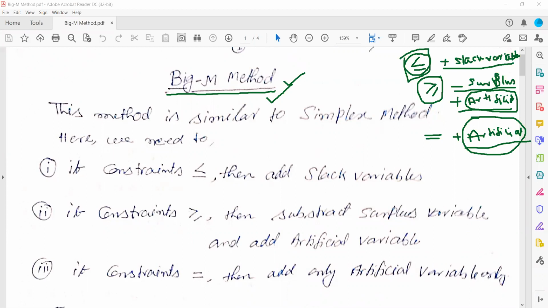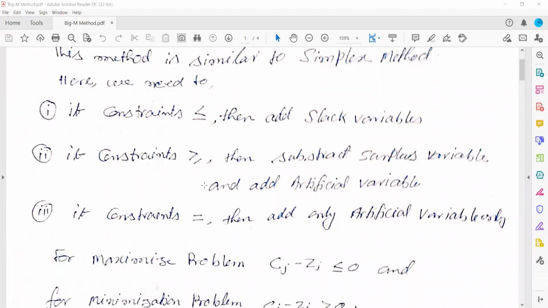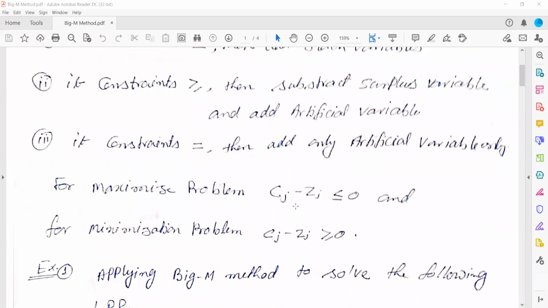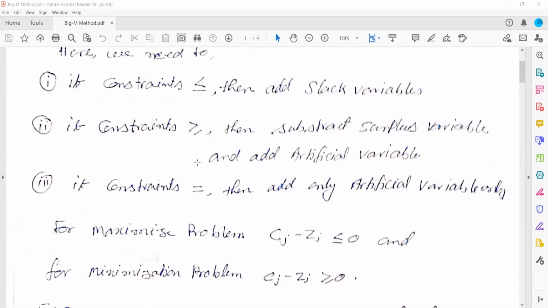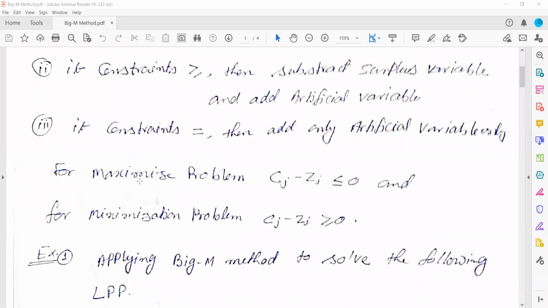Now move to the next part. One more thing: for a maximization problem, you already know you will get the optimal solution when Cj minus Zj is either less than 0 or equal to 0. In the simplex method you have already done that.